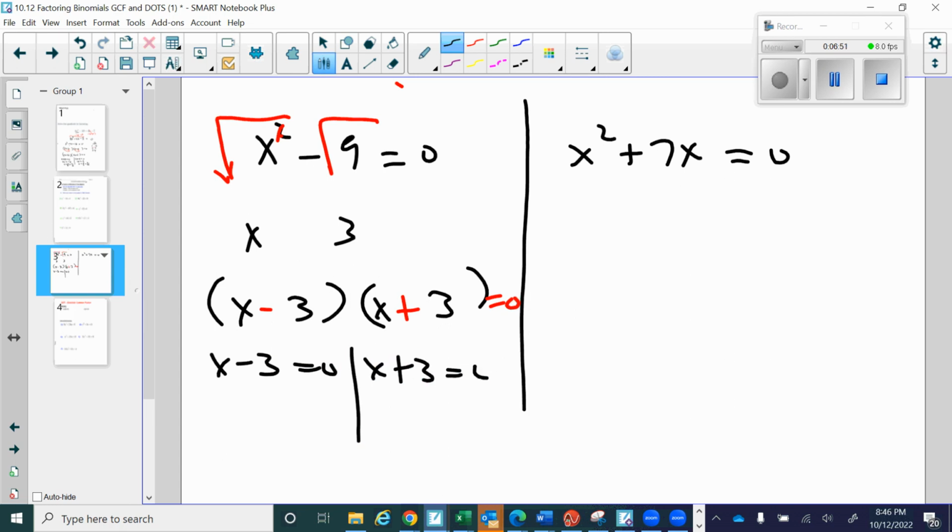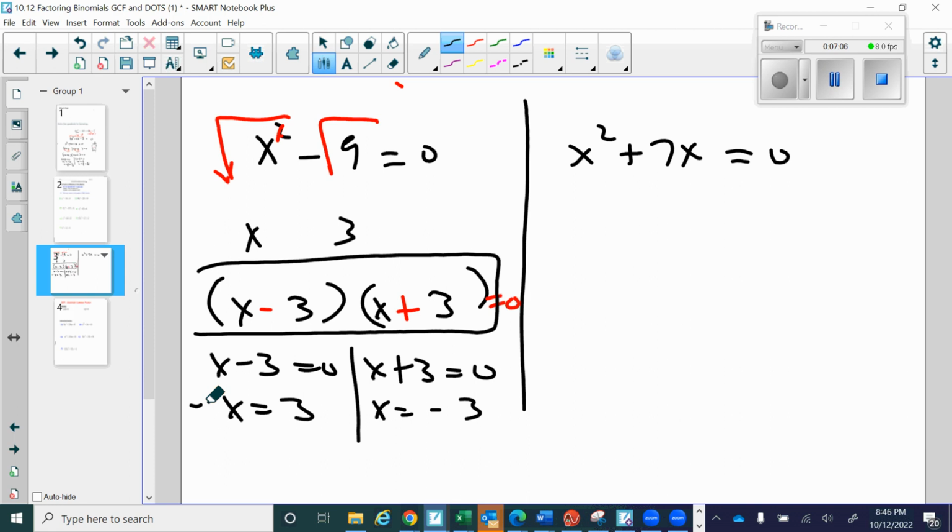Okay? Now, this is on the left side, difference of squares. Let's look at how we approach the one on the right. You notice this term is not a perfect square. So what we'll have to do now is find the greatest common factor. We'll look at x squared and 7x and see what is the common factor in both terms.